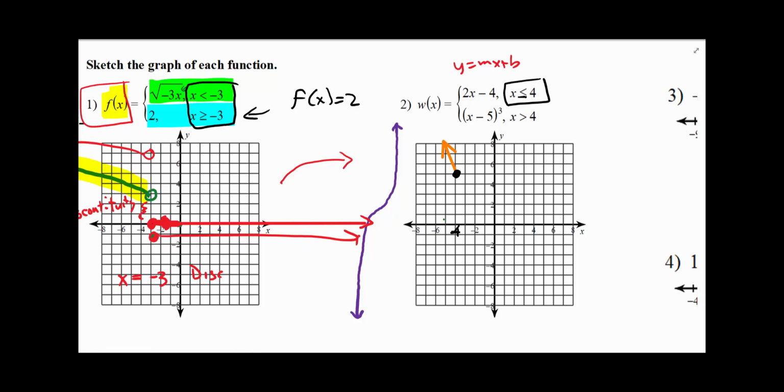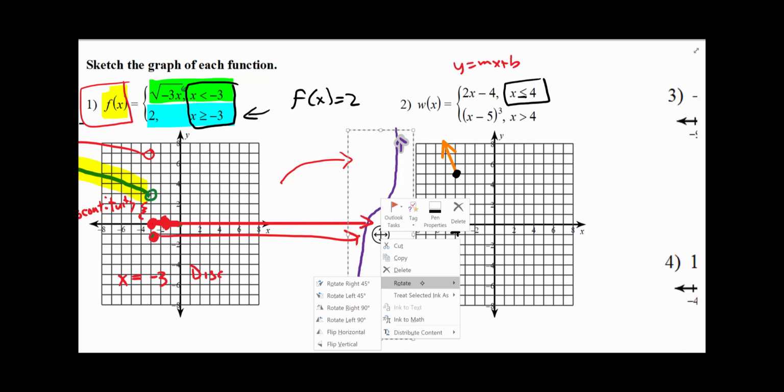And now we have a cubic. Well, but look at this cubic. If it's inside the parentheses, remember, it's shifted the opposite of negative 5 is positive 5. So here is kind of a basic cubic function that, let me bring that out in front.